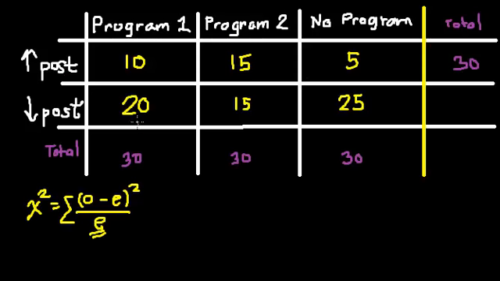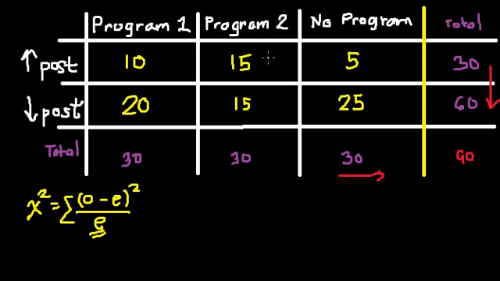And 20 plus 15 plus 25, so that's 40 plus 20, 40 plus 20 is 60. So all in all, in this particular test, we used 90. You can see the grand total from this side and that side is 90.